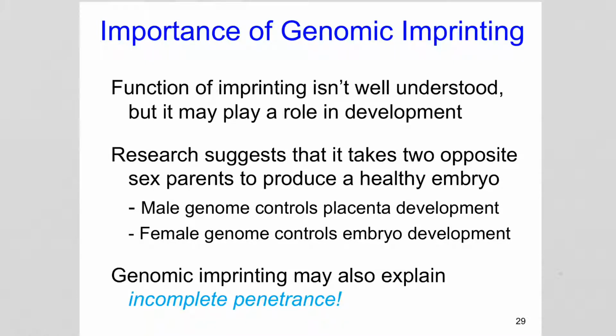And that's because we have genes being covered with methyls depending on which parent the homolog came from. And interestingly, the male genome controls placental development, but aspects of the female genome controls embryo development.